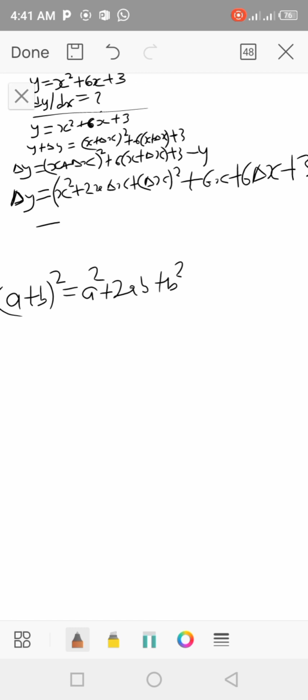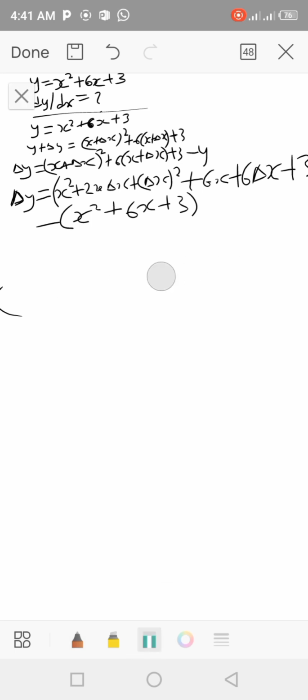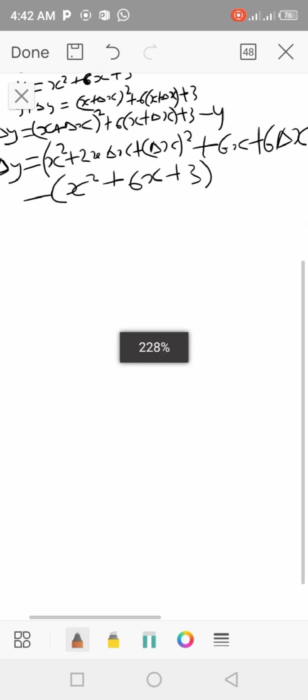Our y is x squared plus 6x plus 3. So now we're going to perform the polynomial operation. So our changing y is going to be equal to, let me express that better.